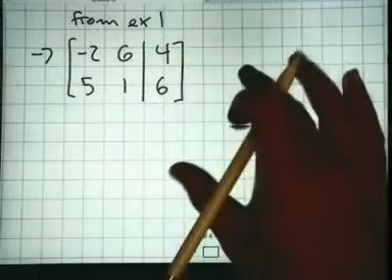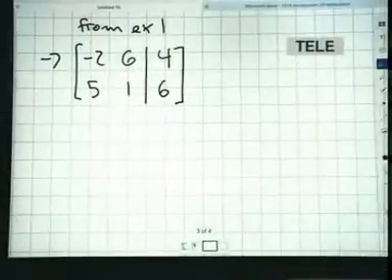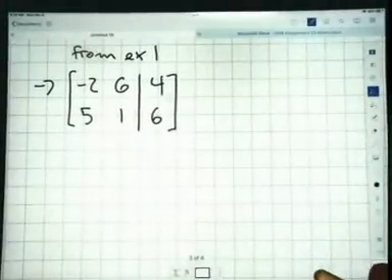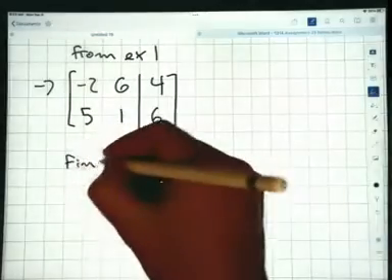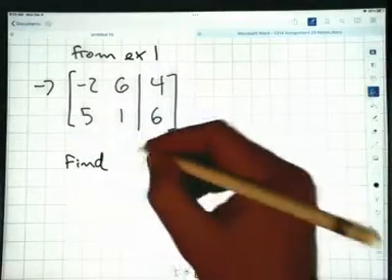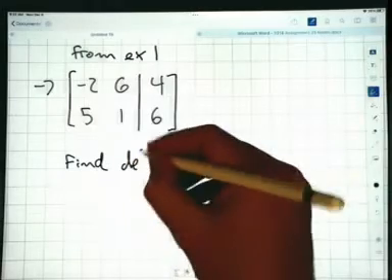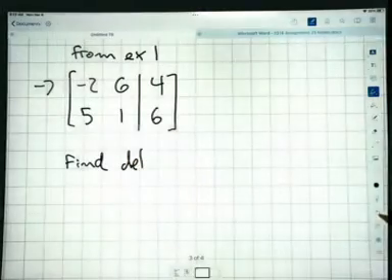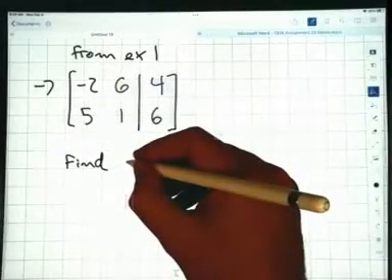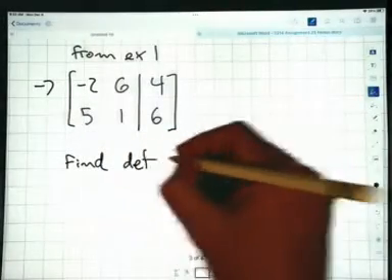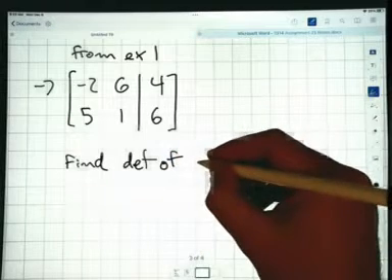Here's what we need to do in order to solve this system using Cramer's rule. We need to find the determinant of our coefficients.